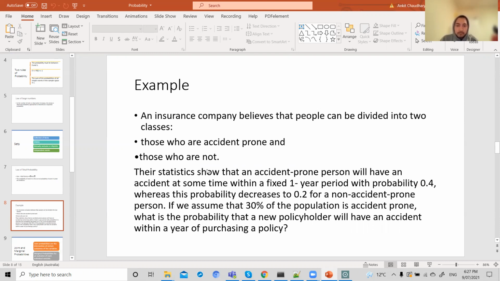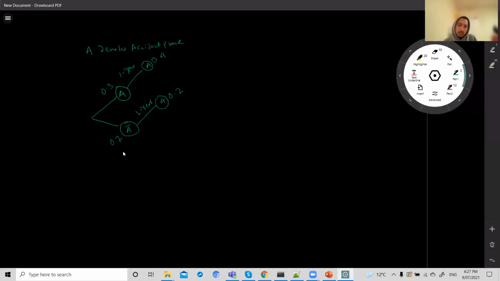What is the probability that a new insurance holder will have an accident within a year of purchasing a policy? So find the probability that a new policyholder will have an accident within 1 year of purchasing a policy. So let's say B denotes the new policyholder who has an accident.